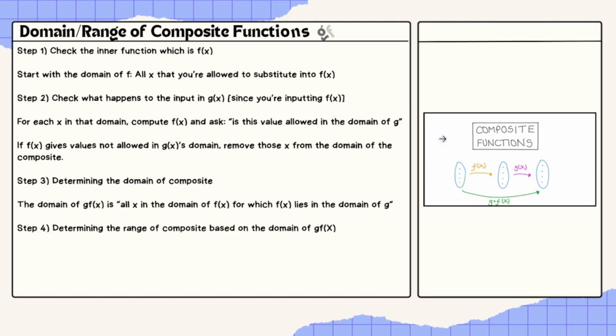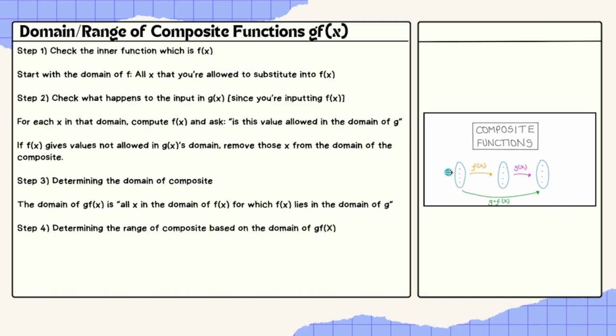Moving on to domain and range of composite functions. Take, for example, the composite function gf of x. Let's say these are all the values of x that you can have.